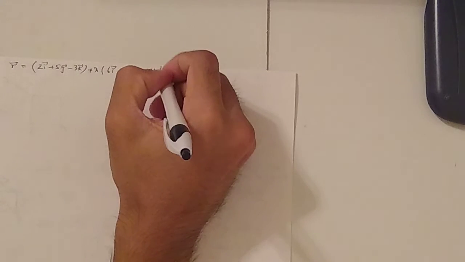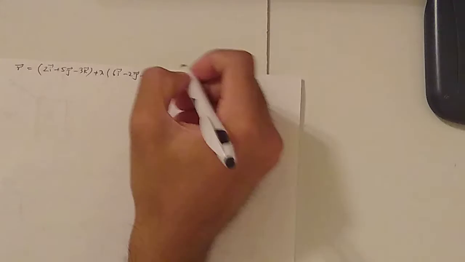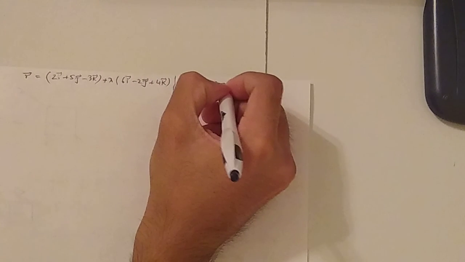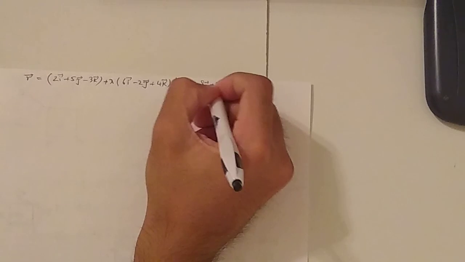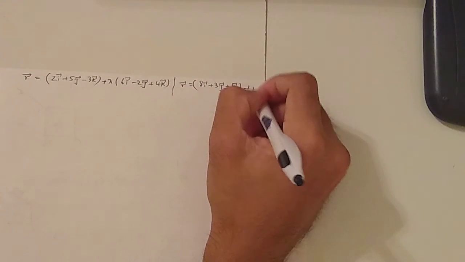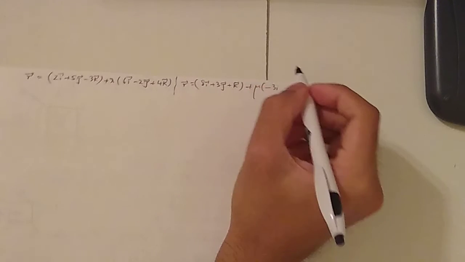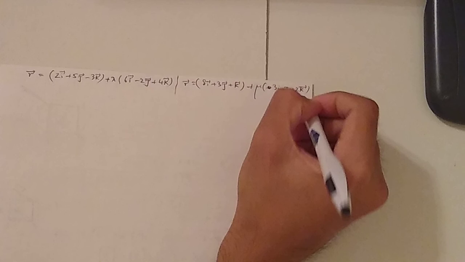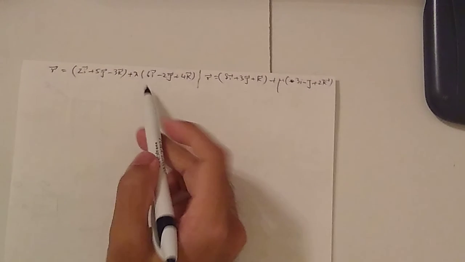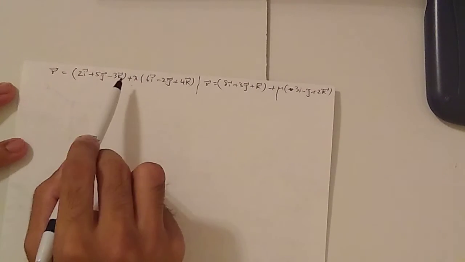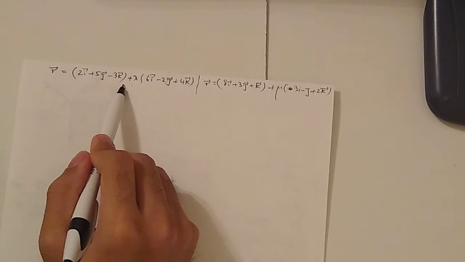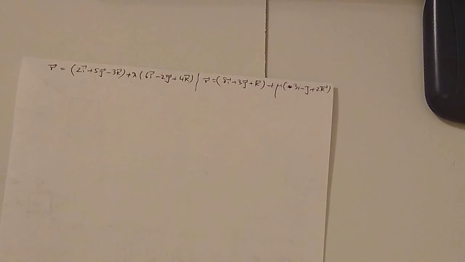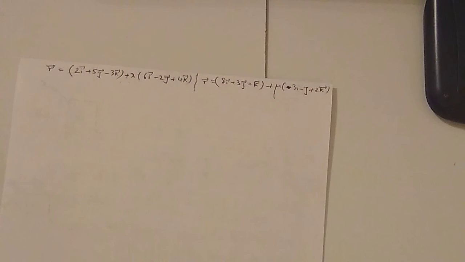And the question is saying to show that another version of this equation is r equals 8i plus 3j plus k plus mu times (minus 3i minus j plus 2k). This is the original equation of the line, so this is our starting point, because this is what the question says is the equation of the line, as a fact. Now the question is to prove that this is also a correct equation for this line.